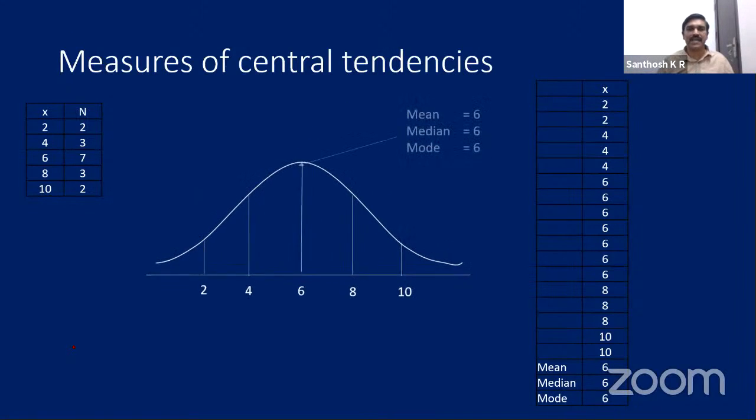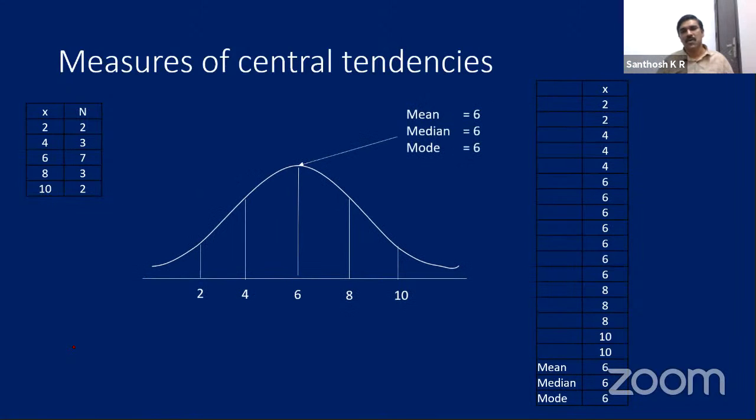If the midpoint, like mean, median, and mode, is the same value, mean equals 6, median equals 6, mode equals 6, and the data spreads inside this particular curve in this way, we can call it a normal curve. Normal curve we'll discuss later.